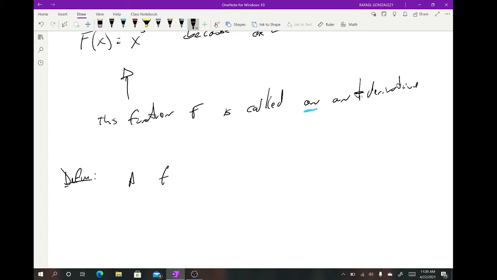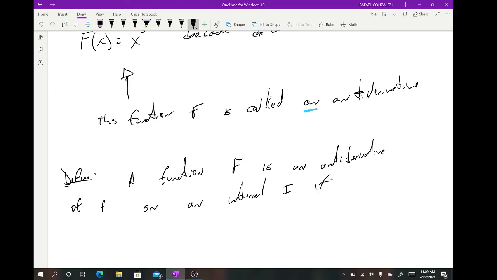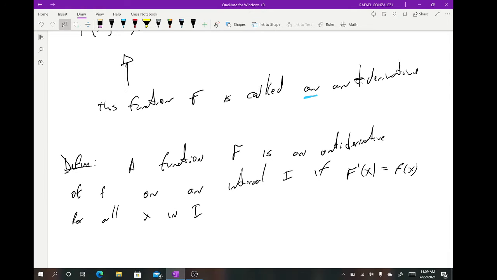A function capital F is an antiderivative of little f on an interval I if the derivative of capital F of x is equal to little f of x for all x in the interval I. So basically, what this is saying is that the derivative of capital F is equal to this little f.